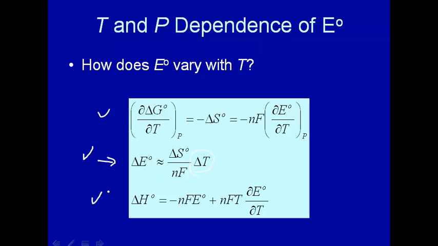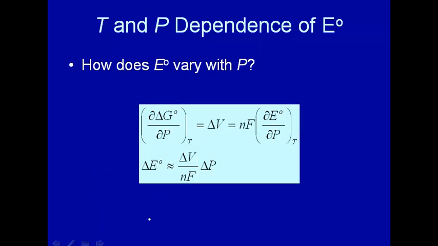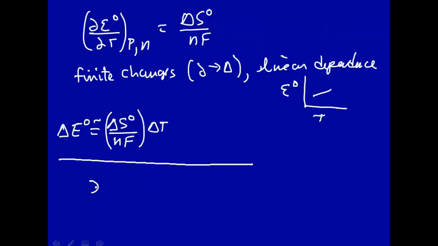And we showed that by measuring the temperature dependence of E0, you could determine what delta H is. That's handy. So we had how E0 changes with pressure at constant temperature and number of moles, equal to minus delta V over NF.